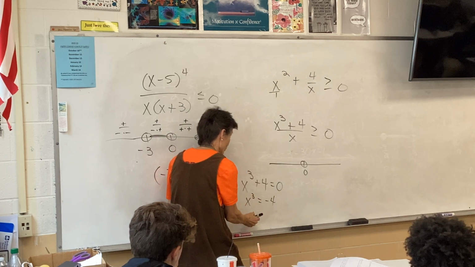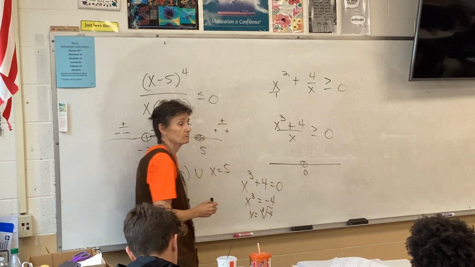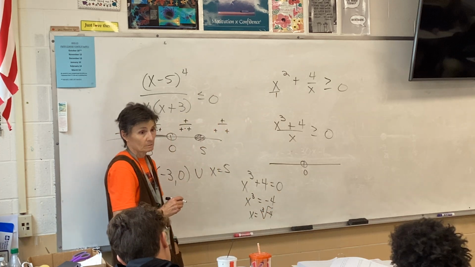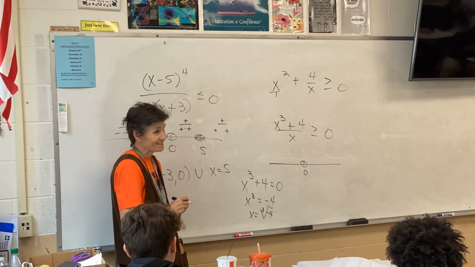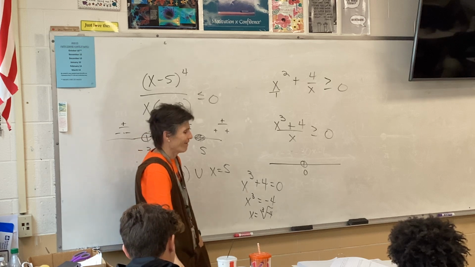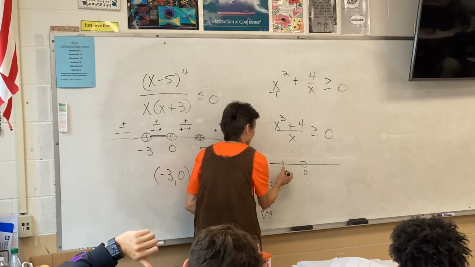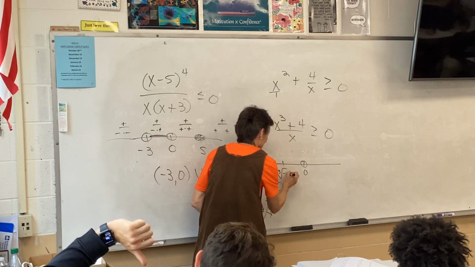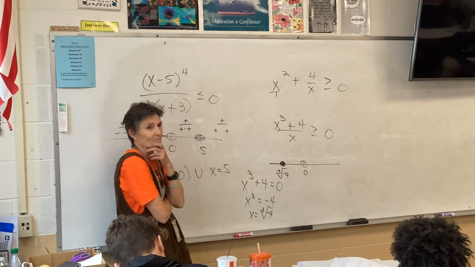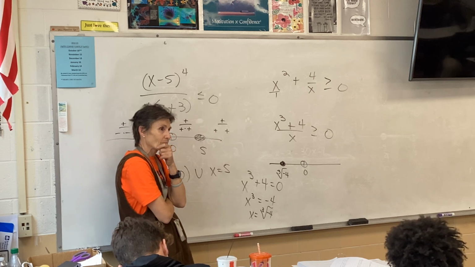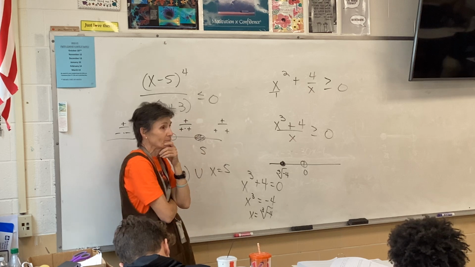The cube root of -4. Off the top of your head, anybody happen to know what that is? It really doesn't matter because I know it's negative, right? So I know it's somewhere over here. Not exactly sure where, but it's over there somewhere.